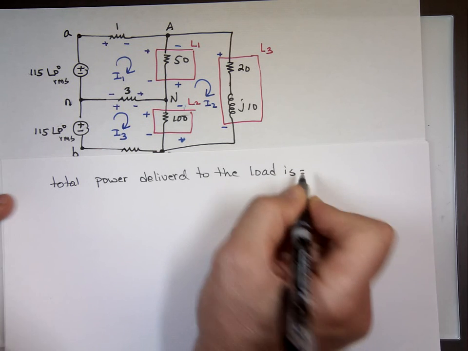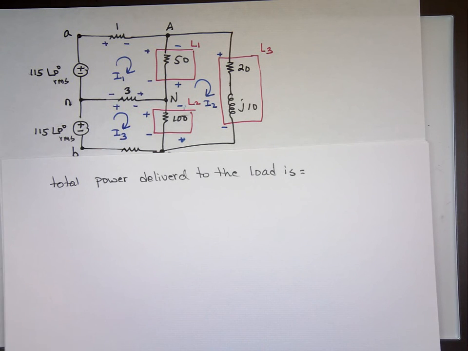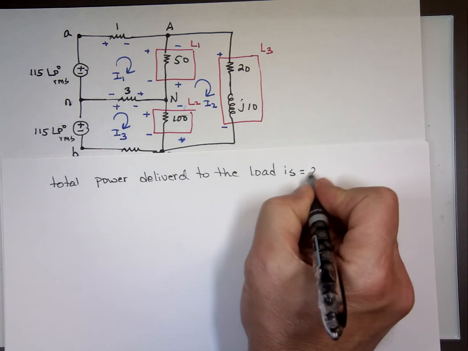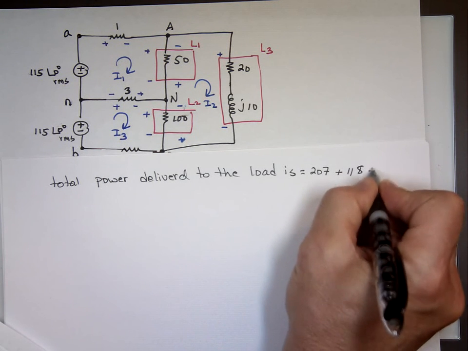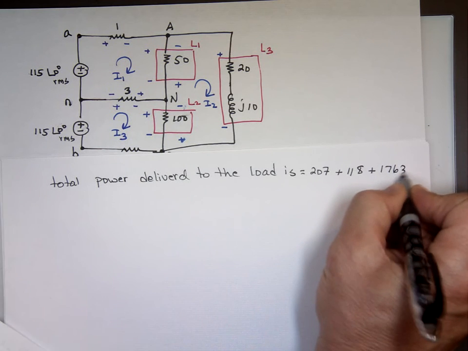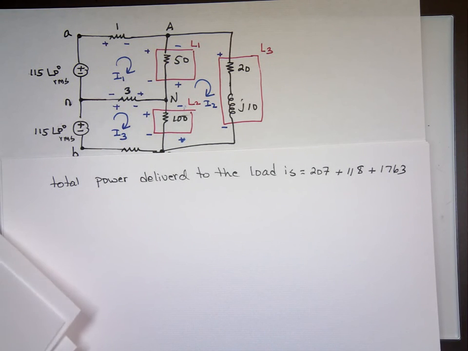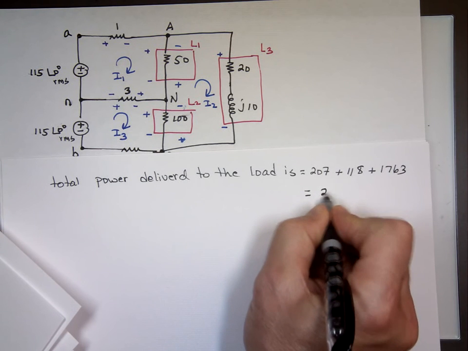Let's look at the 50, the 100, and this one, and how much average power was absorbed by each one. Just the three of them. It's 207 plus 118 plus 1763. 207 plus 118 plus 1763 is 2088 watts.